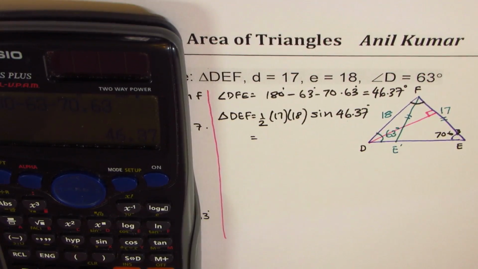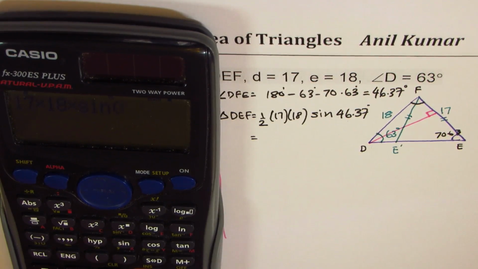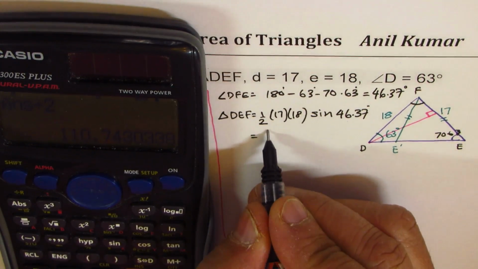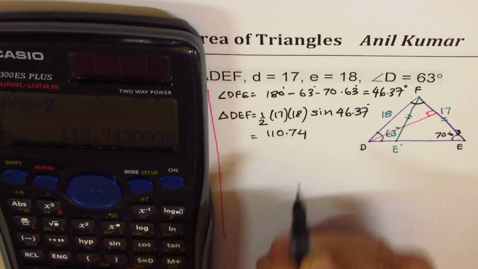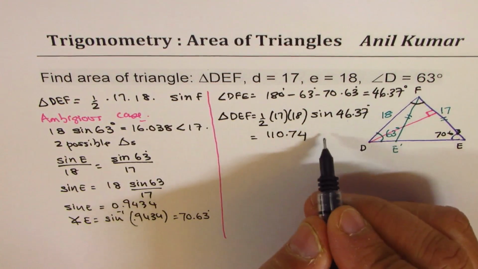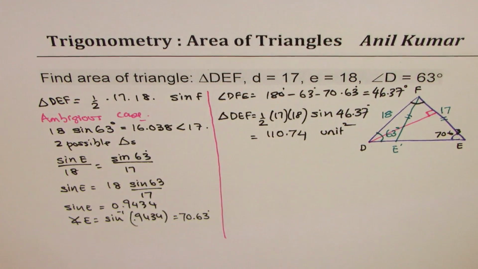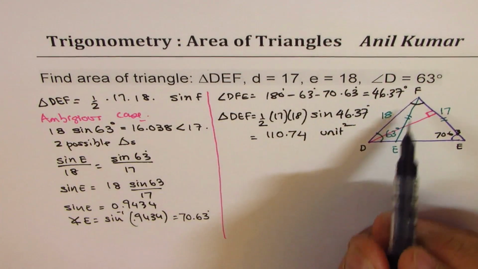So we get 17 times 18 times sine of 46.37, divided by 2, equals 110.74, right? Unit square. So that becomes the area of the bigger triangle, correct?